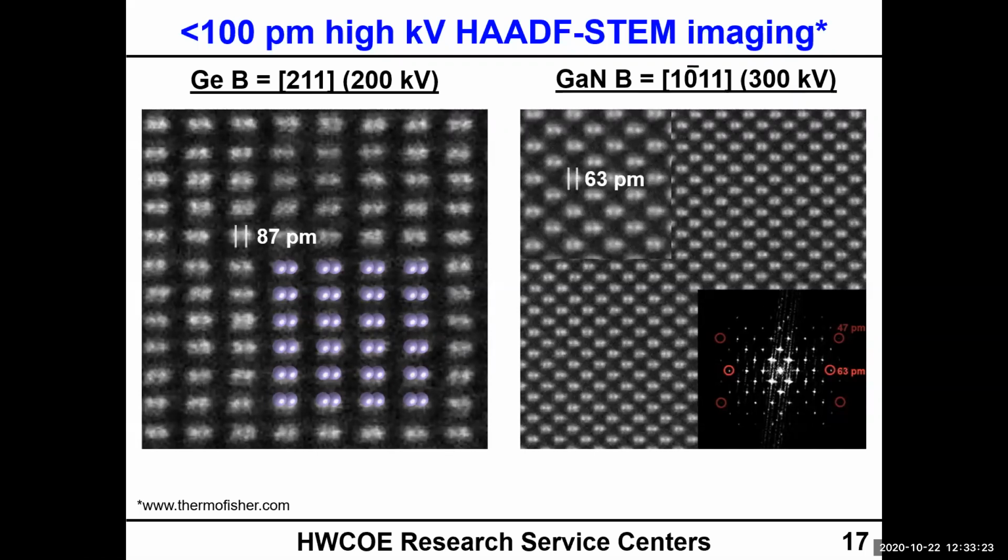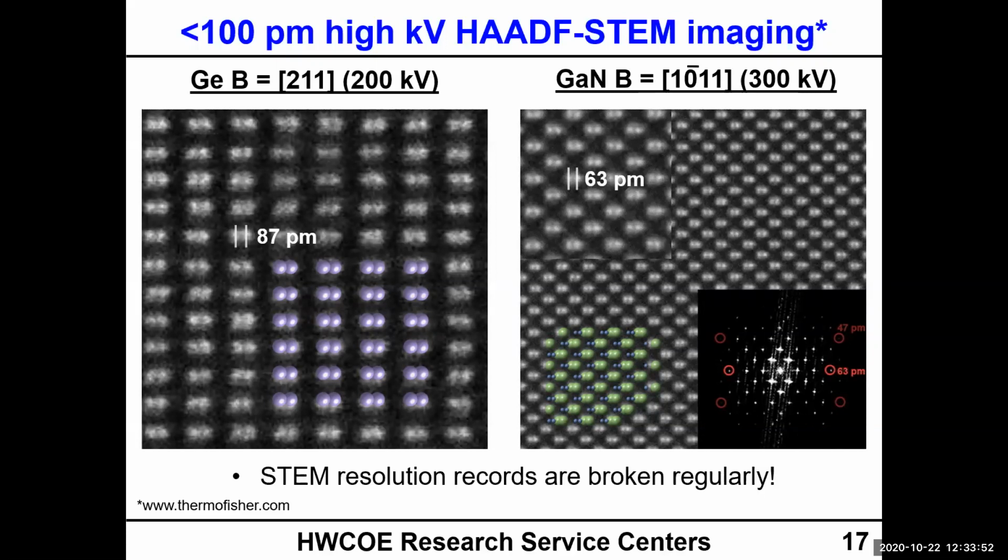Those are separated by 63 picometers. If we look at the projection of the structure, that's what it looks like. There are nitrogen atoms in the structure. They're swamped out because the gallium is just much higher Z than the nitrogen. But those pairs of green dots overlay with the gallium, and those are separated by 63 picometers. This is the resolution test that we actually use on our Themis.